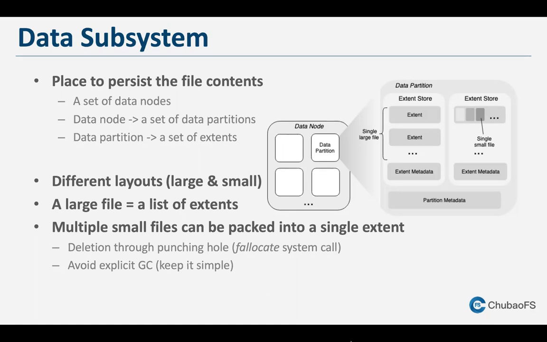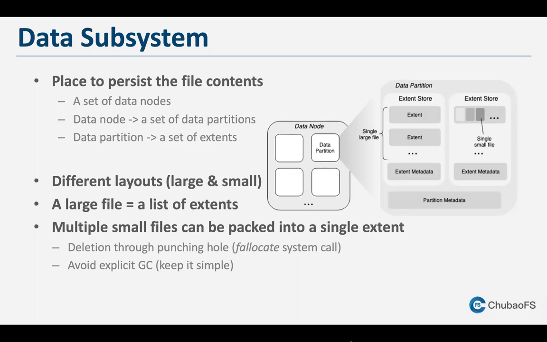One of the things that we want to emphasize is that when we delete small files, the strategy is quite different from large files, because we really don't want to employ an explicit GC or maintain our own GC mechanism. So what we do is employ the punch hole mechanism.